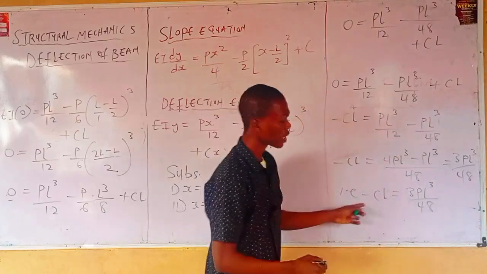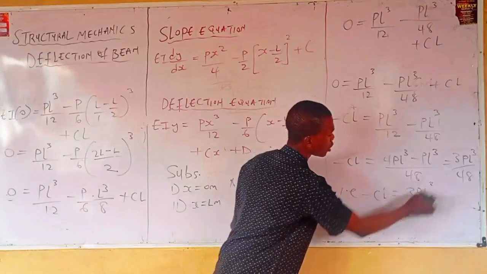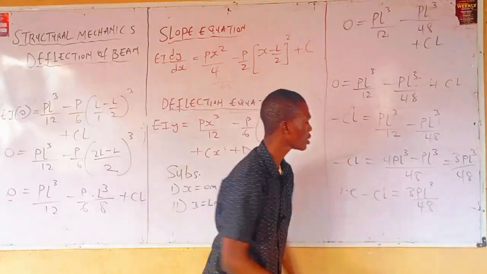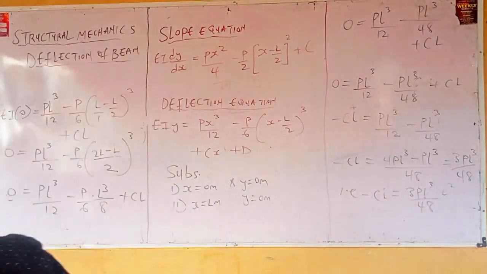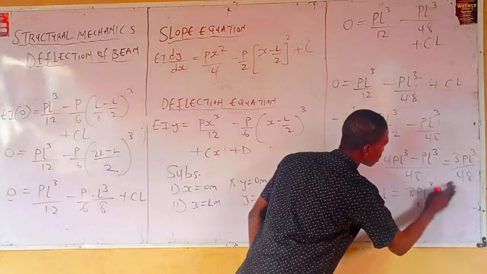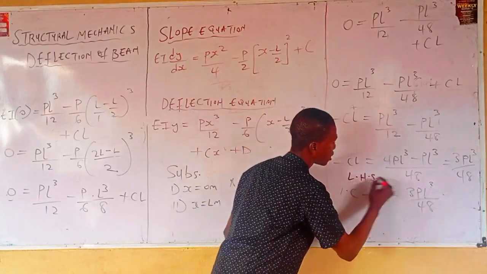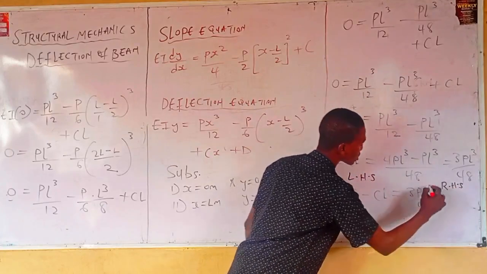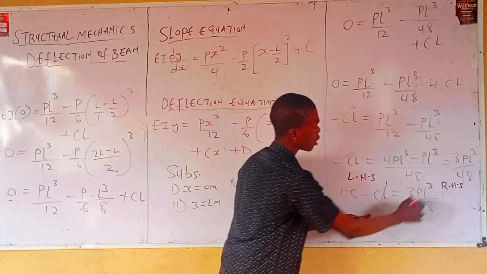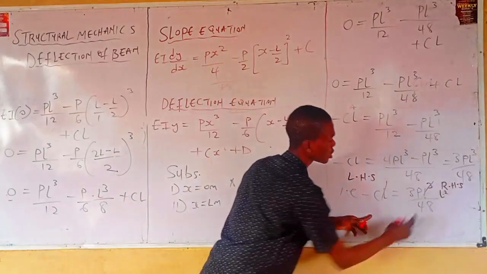Observe that from the left hand side and the right hand side, L cancels L here, right? From the right hand side, you'll be left with L square. This is the left hand side, and this is the right hand side. You observe that L cancels here, L cancels here.